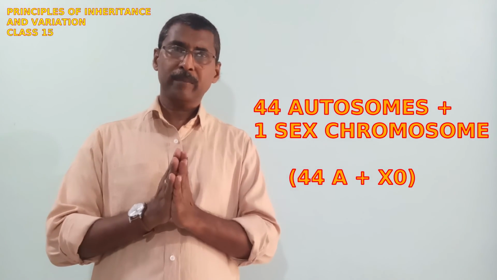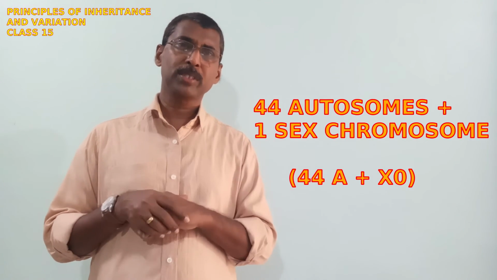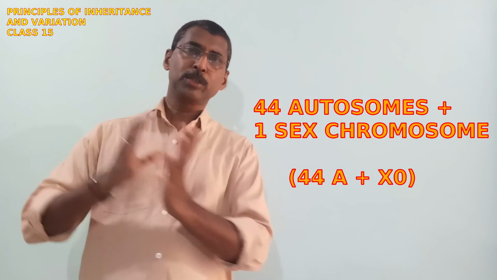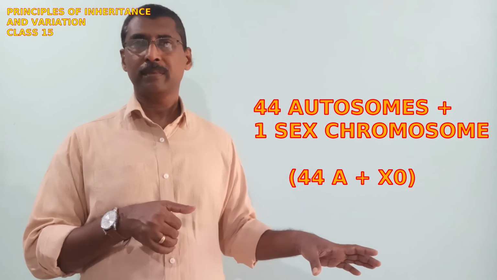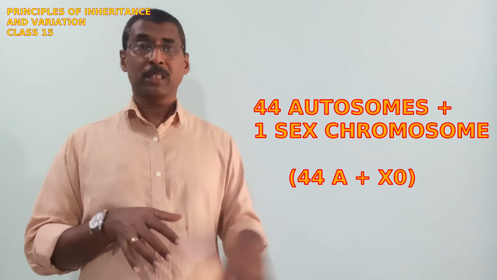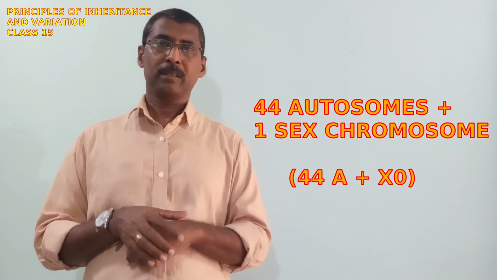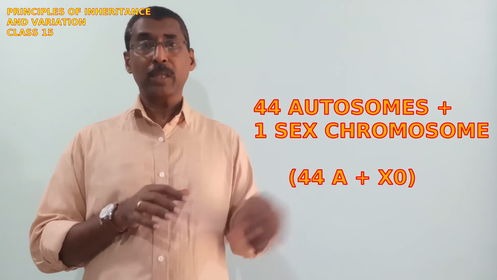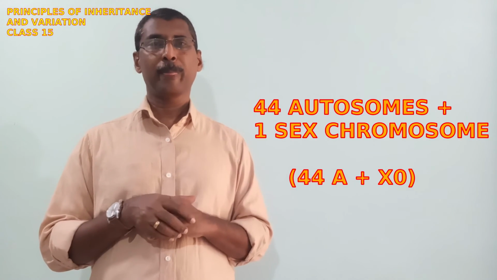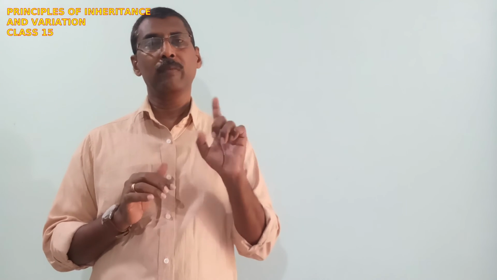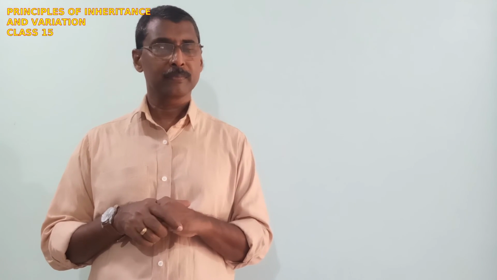Due to non-disjunction during the anaphase of meiosis, both the X chromosomes move to one pole and the other cell does not get any X chromosome. Suppose that cell without any X chromosome fuses with a sperm with X chromosome, then the zygote would get the condition X0. Only one X chromosome would be there. That came from the sperm. Okay. So such a condition is called Turner syndrome.